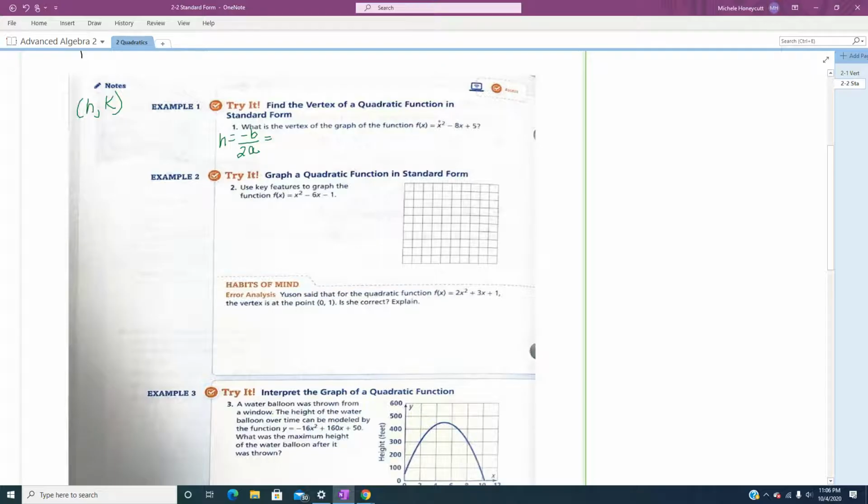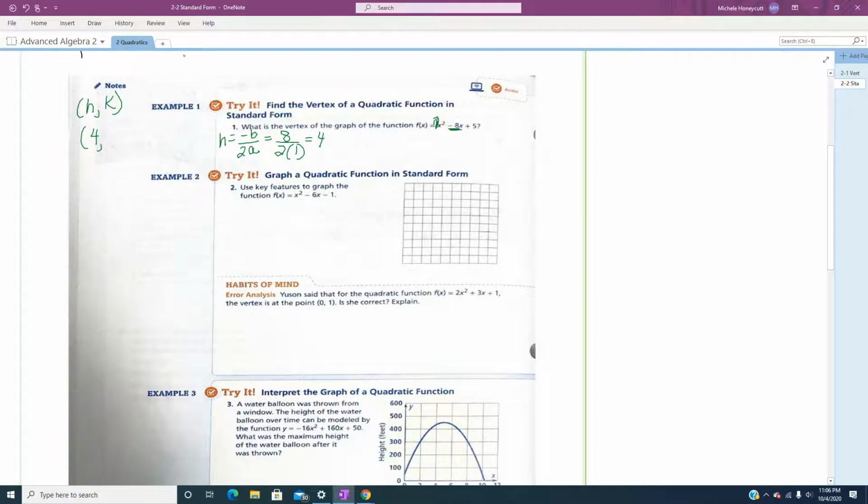So b is the coefficient in front of the x. The opposite of negative 8 is positive 8 over 2 times the a coefficient, the coefficient in front of the x squared. There's nothing in front of the x squared, so you can assume it's a 1, so 2 times 1. And 8 divided by 2 is 4. So my vertex is (4, and now I have to find the k value.